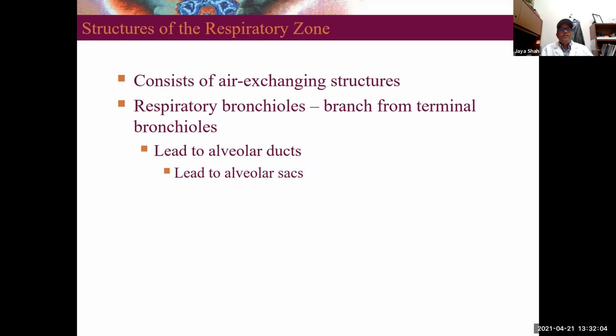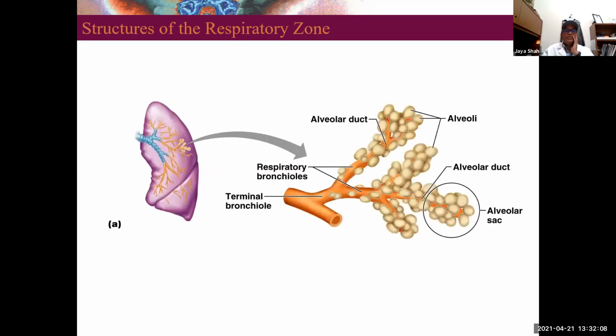Okay, now the structure of the respiratory zones. The respiratory zone starts from the terminal bronchioles and then respiratory bronchioles, you can see. Then you have alveolar sacs and alveoli.